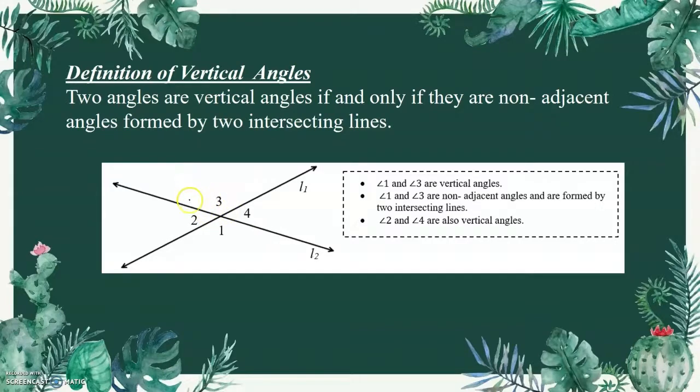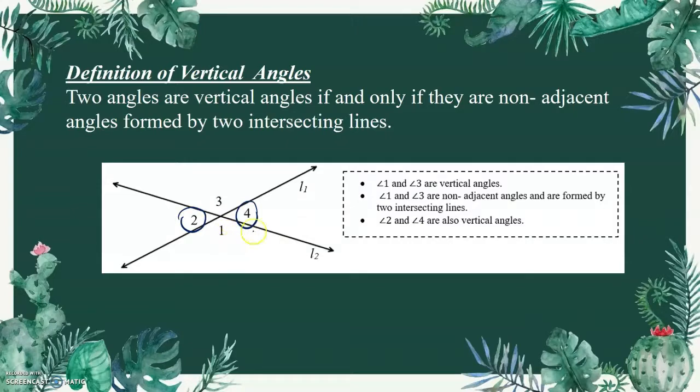Now, angle 1 and angle 3 are vertical angles. Alright? At the same time, angle 2 and angle 4 are also vertical angles.